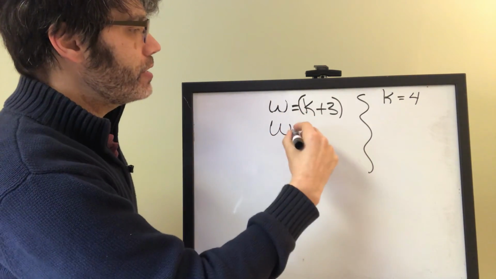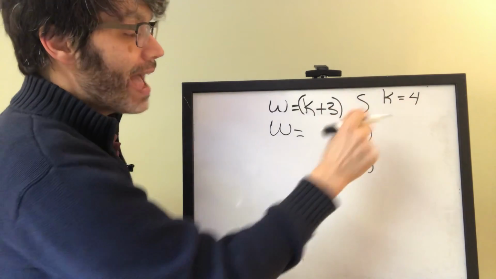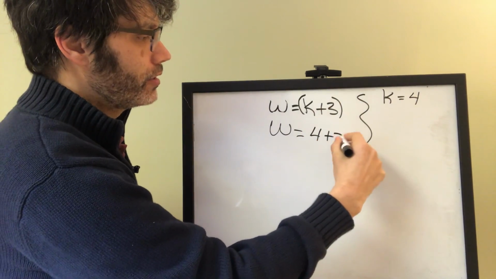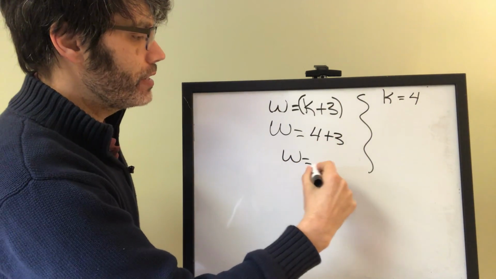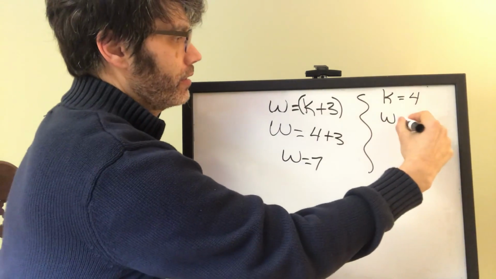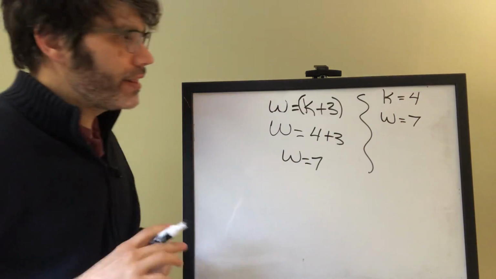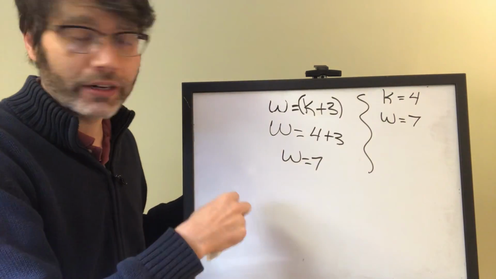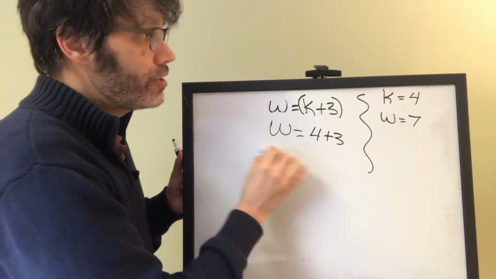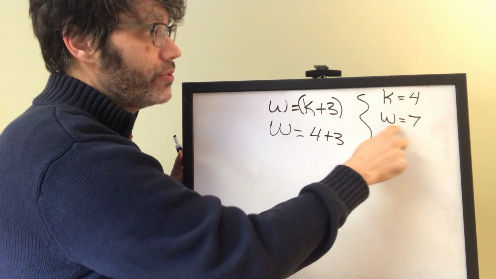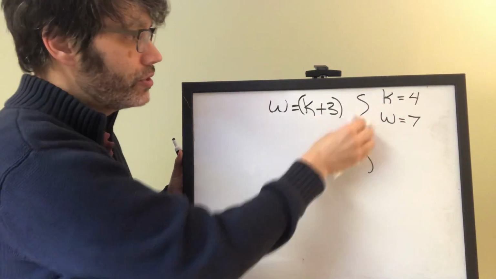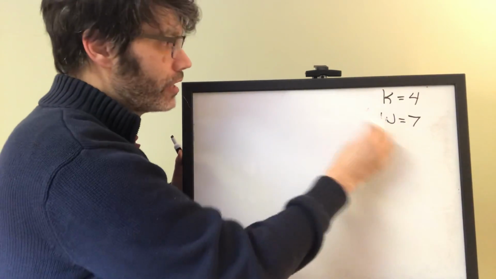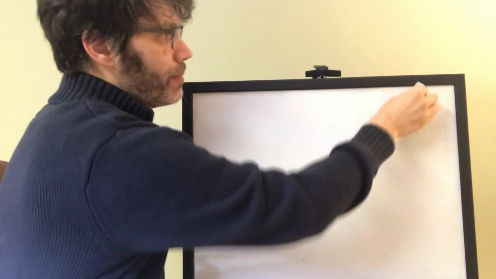So w equals k, which we now know is 4, so it's 4 plus 3, and w equals 7. I think that is one of the easier ways to do the substitution method here. There are many ways to do it. You would have gotten k equals 4 and w equals 7 if you had substituted using other ways, but I think this was the easiest way to go about it.